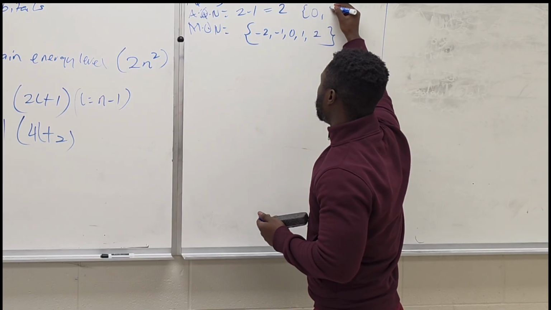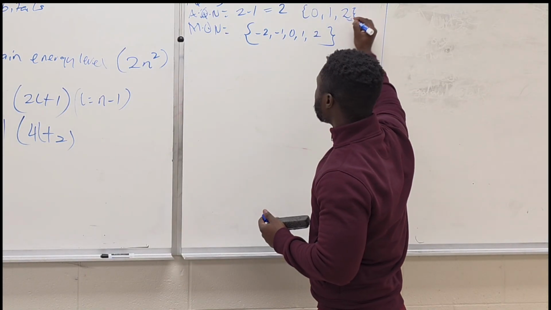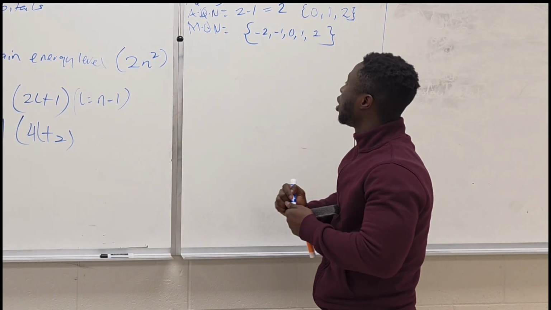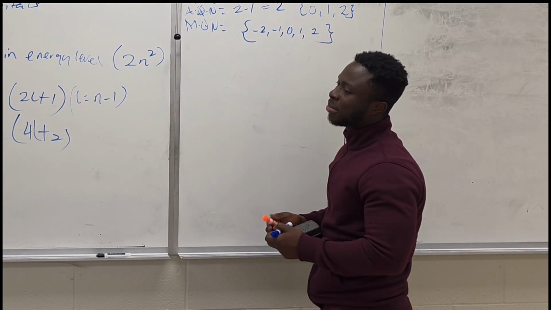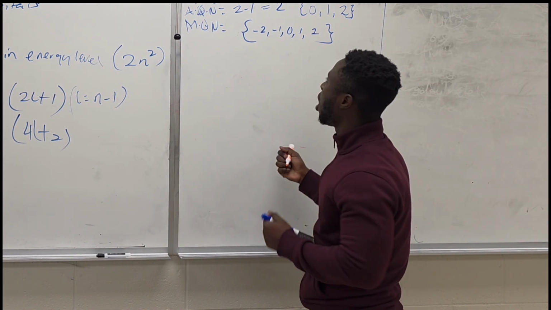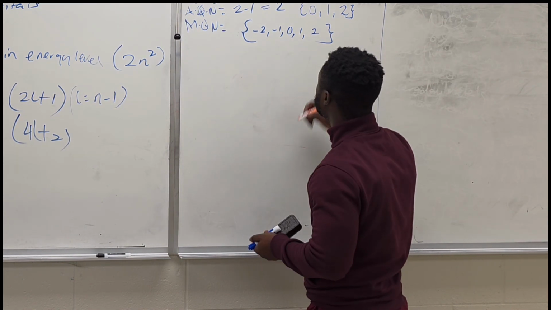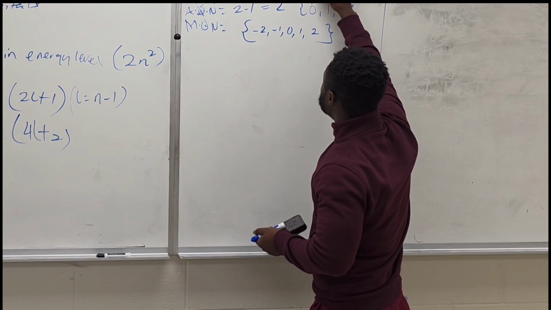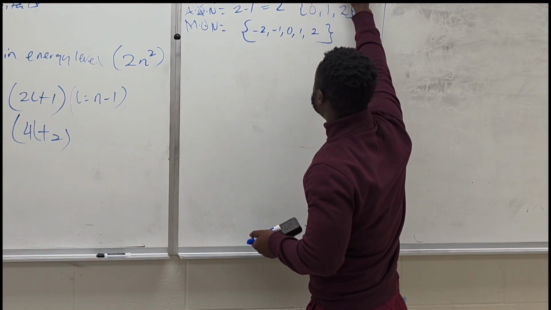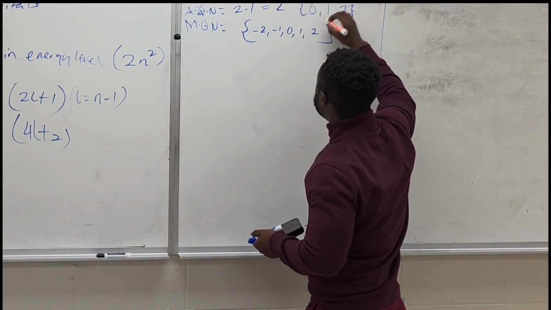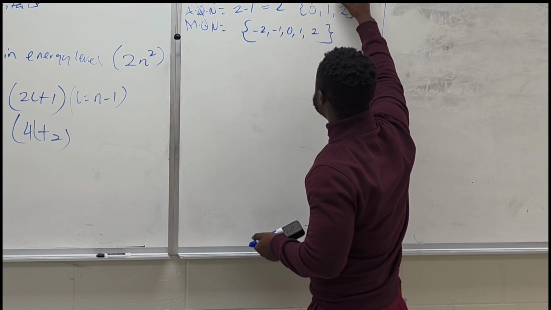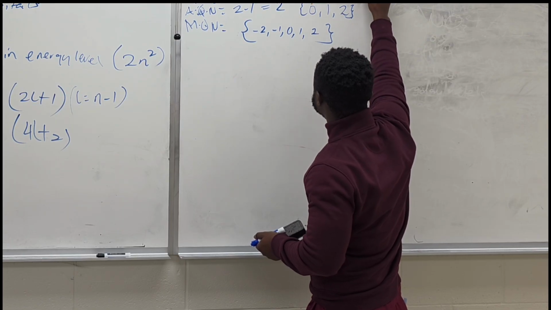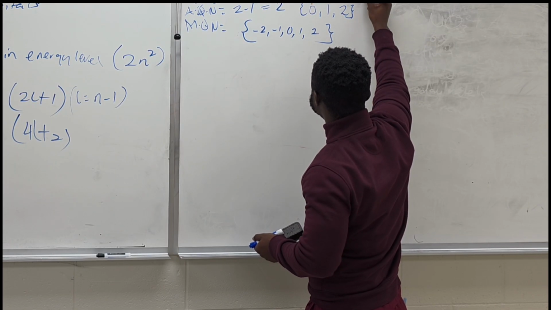So it's going to be 0, 1, 2. Now when you take this 0, 1, 2, they have something unique to them. This 0 represents the s orbital, this 1 represents the p orbital, and this 2 represents the d orbital.